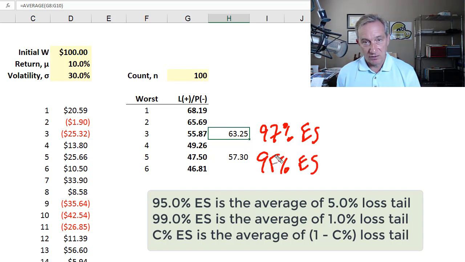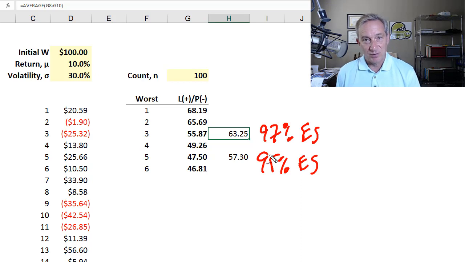So here's the key distinction between expected shortfall and the conditional value at risk. In both cases, I've made my average conditional on a probability threshold. This is 3% of the overall, and this is 5% of the overall.